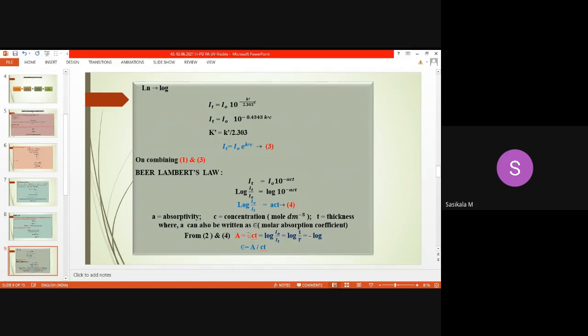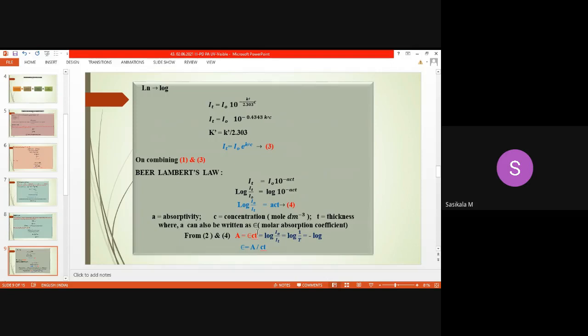So capital A equal to epsilon CT. A is the absorbance of the sample you have taken in the cuvette, epsilon represents the extinction coefficient or absorption coefficient, and C and T represent concentration and thickness. Thickness will be the path length, that is 1 centimeter path length.